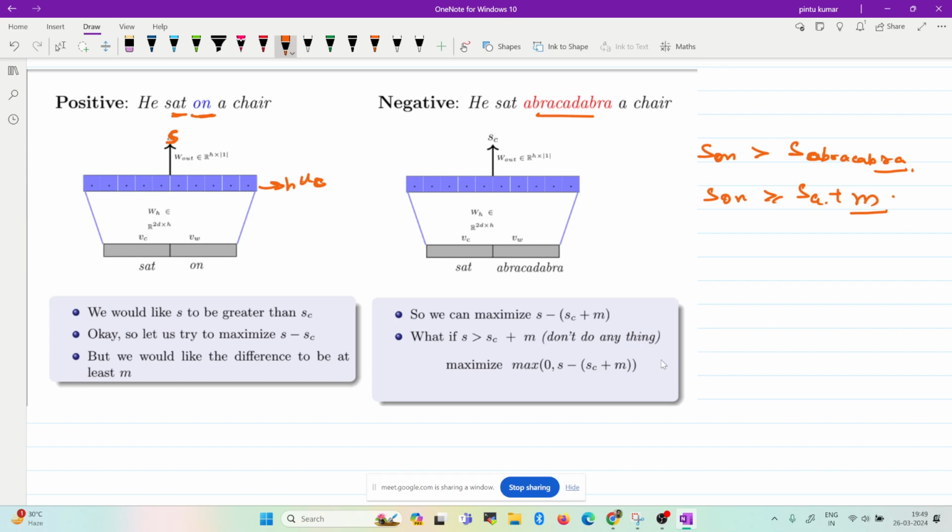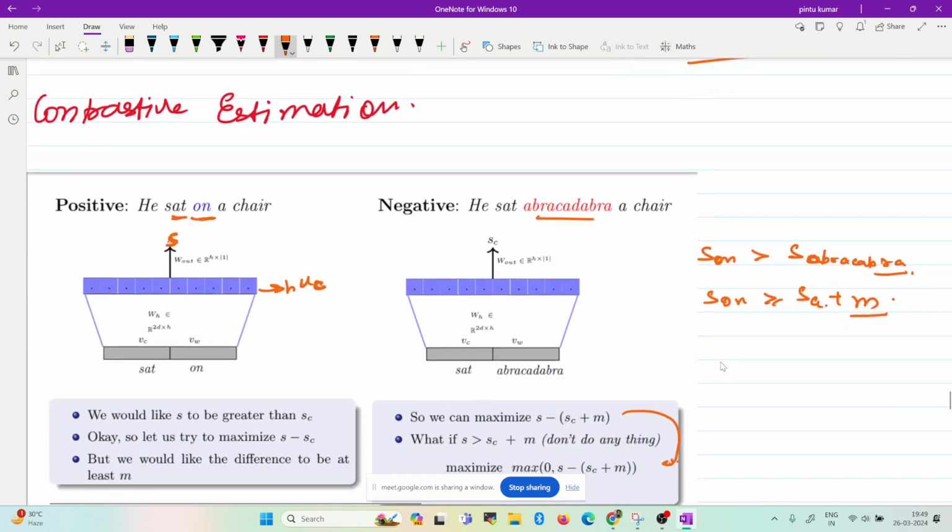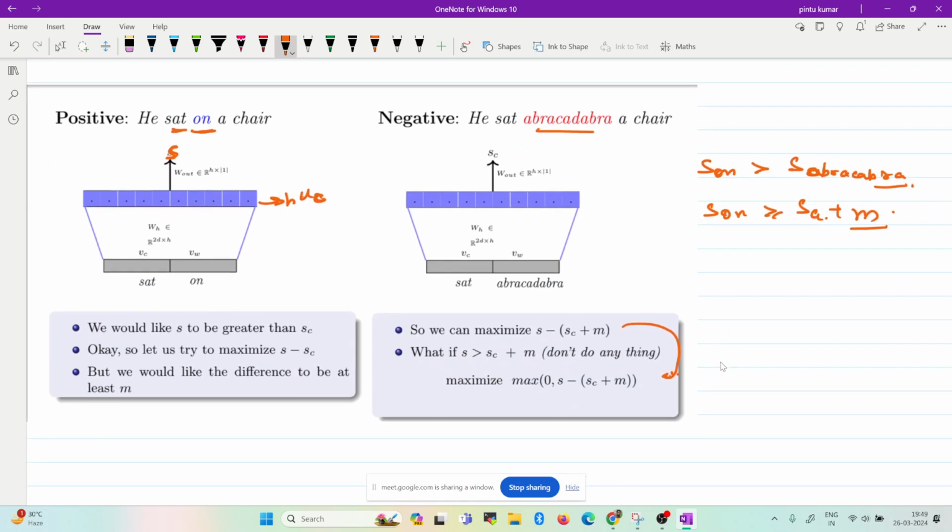So if you impose this kind of condition, this is known as contrastive estimation, and this is a pretty simple method, okay.